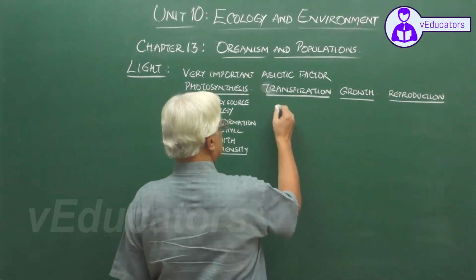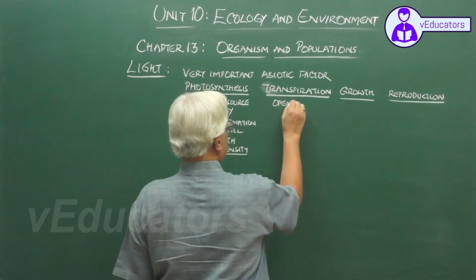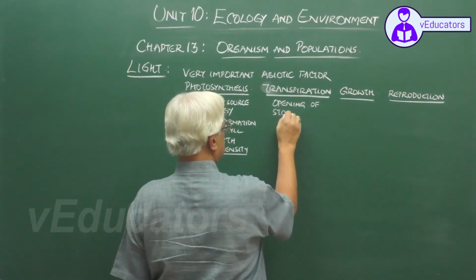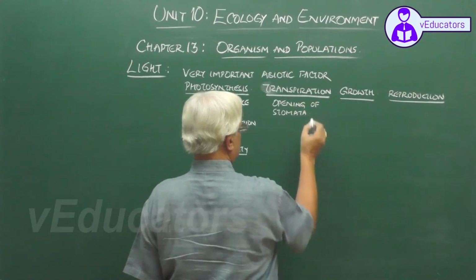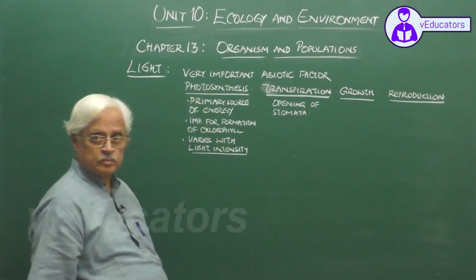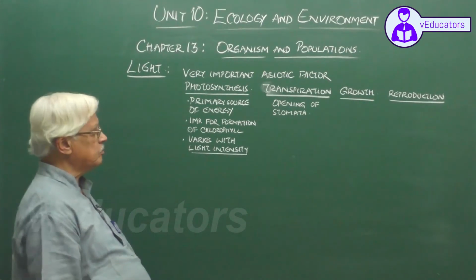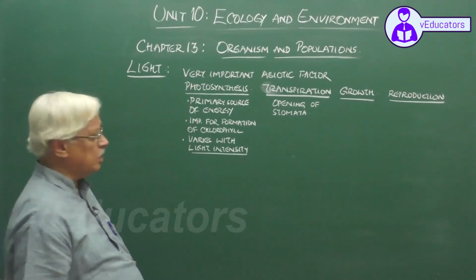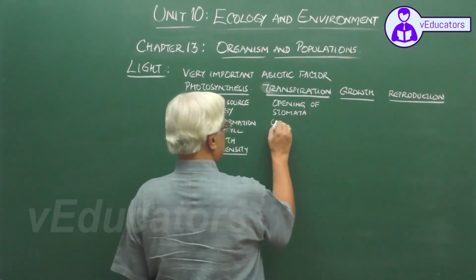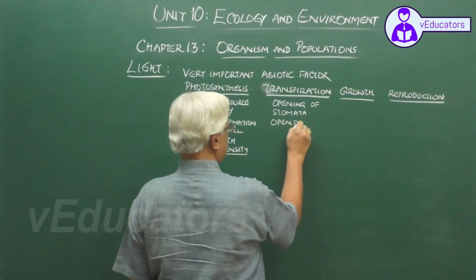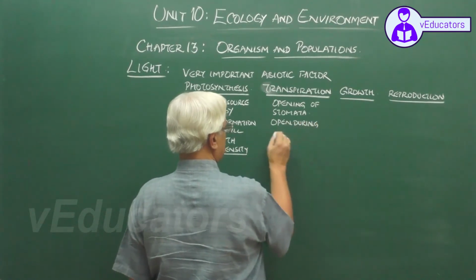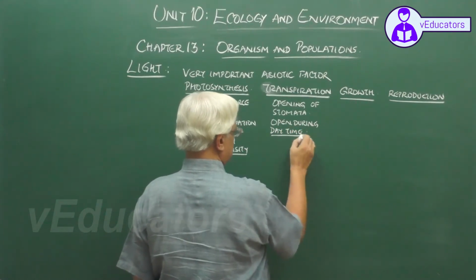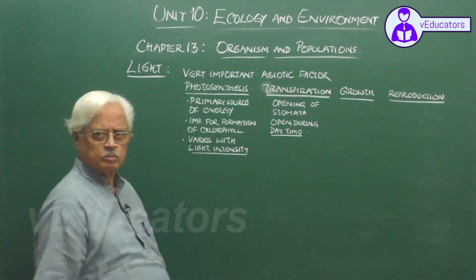For transpiration, we have seen opening of stomata is very important, and stomata in most of the plants, of course with exceptions, in most of the plants stomata are open during daytime so that transpiration can proceed.